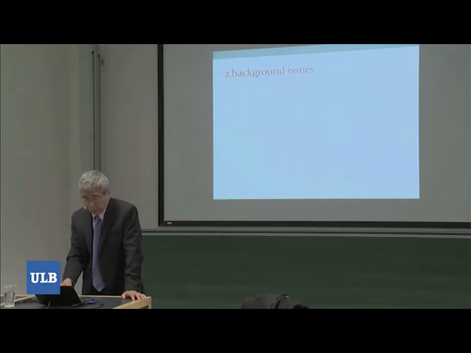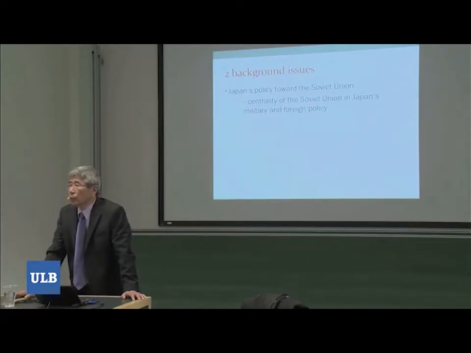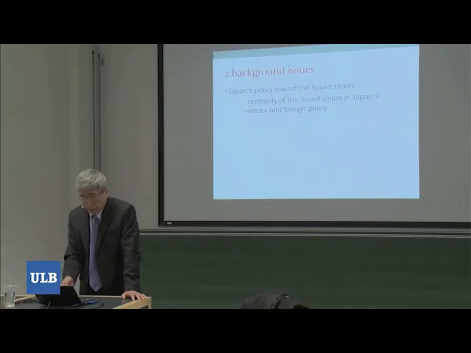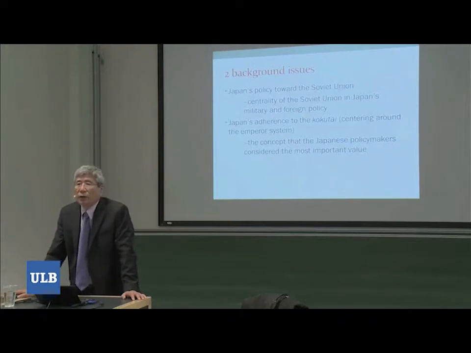Okay, now, a couple of things by way of background. I'm going to talk about the centrality, as I mentioned, of the Soviet Union in Japan's military and foreign policy. And second, I'm going to talk about the Japanese concept of kokutai, centering around the emperor system for now, and I'm going to explain more closely later. Kokutai is the notion that the policymakers considered the most important value.